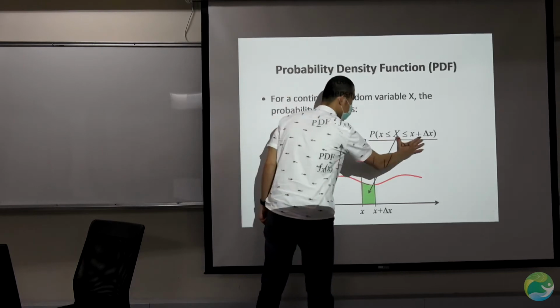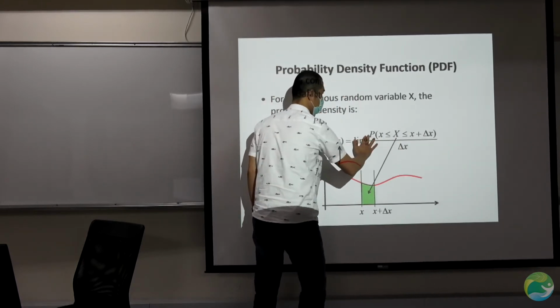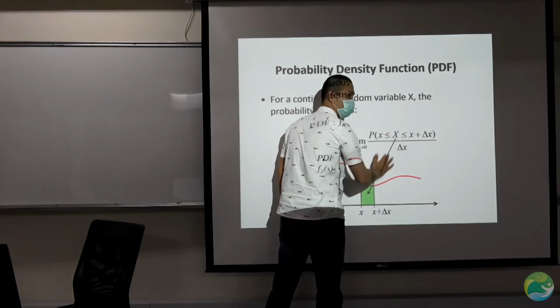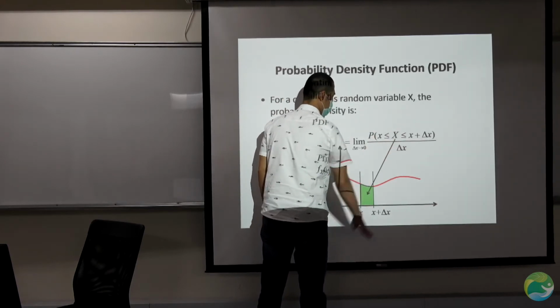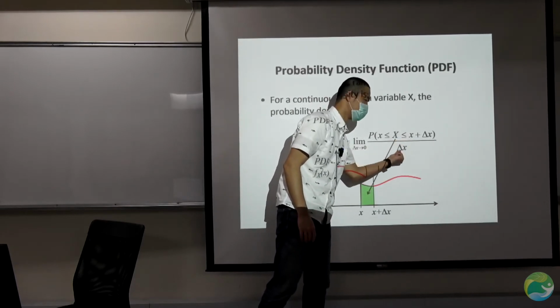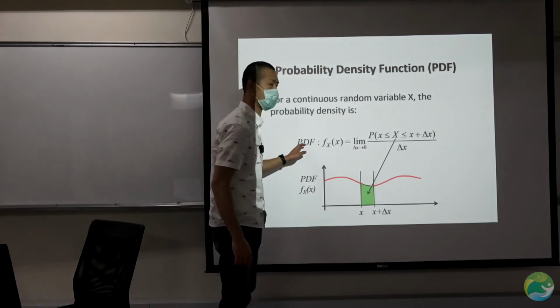So within this small range, what is the probability within this small range? And what is the size of this range? So this probability divided by this size. And when the change of the size is very small, right? We can have the PDF.